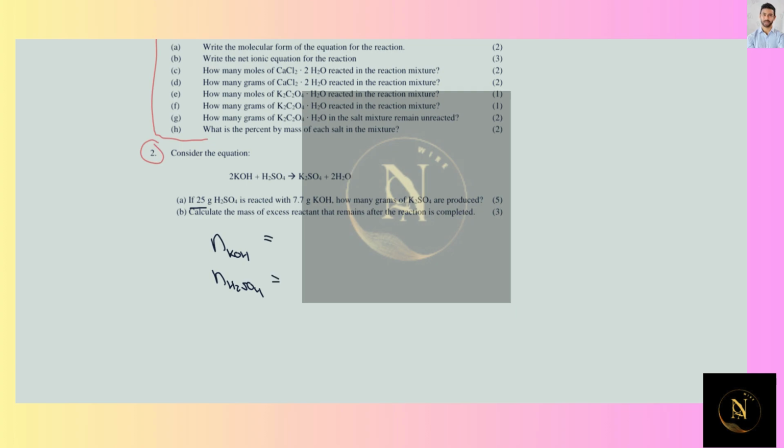So each of them is going to correspond to the mass divided by the molecular weight of the corresponding compound. So first of all, for potassium hydroxide, we're going to have a molecular weight of 56.1 grams per mole. For sulfuric acid, let me write down already the molecular weight, which is going to be equal to 98.1 grams per mole.